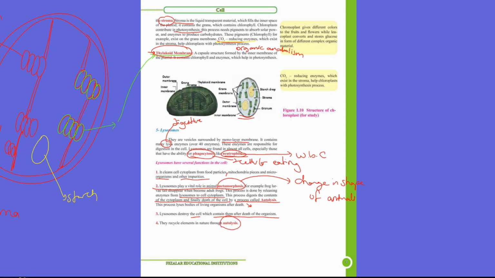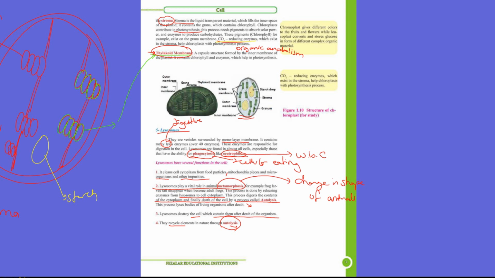We know how body parts of organisms die and decay, change into soil, and this soil is used by plants to grow. The plant parts are eaten by animals. Animals again die, their bodies decay and change into soil. So it makes a cycle. So the recycling of elements through autolysis depends on what? Lysosomes.